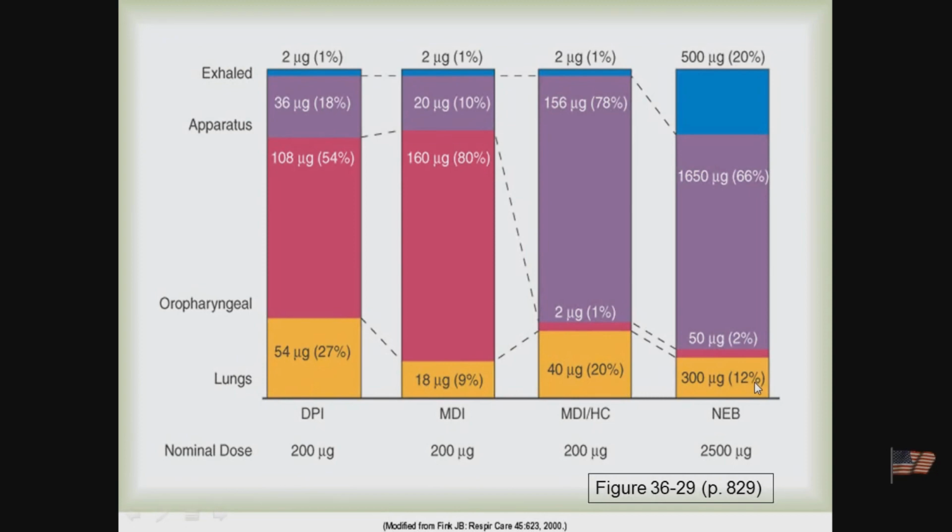The nebulizer is not that great, and the MDI is even worse. But when the MDI is used with something called a holding chamber, you actually can get some pretty good amount being delivered. A lot of oral pharyngeal deposition is minimized with those two, and as a trade-off, the medication is deposited in the holding chamber.